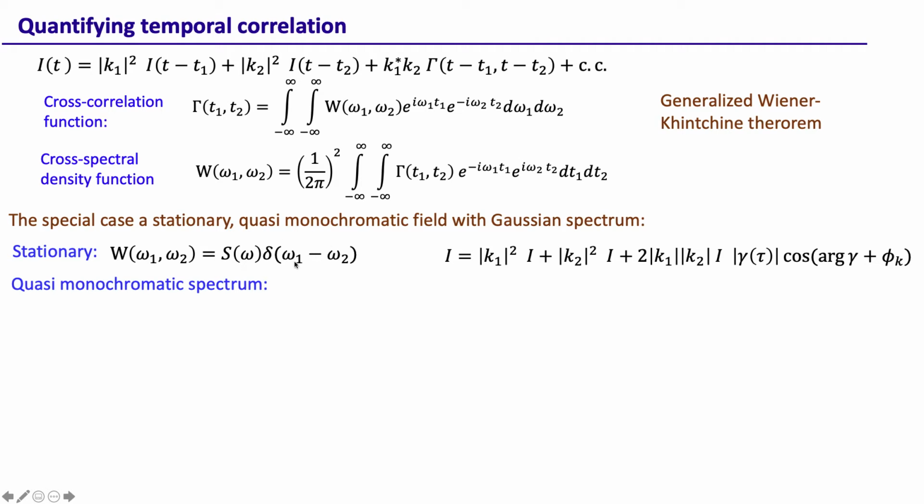Next is quasi-monochromaticity. A quasi-monochromatic spectrum means that the width of the bandwidth of the spectrum has to be less than the central frequency.